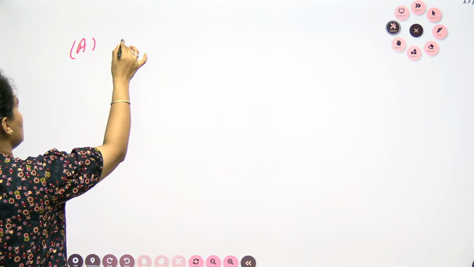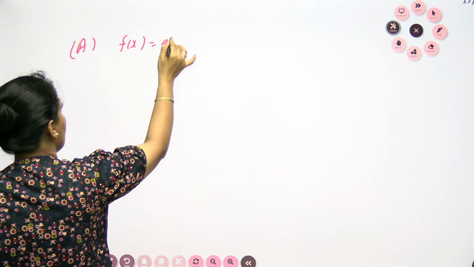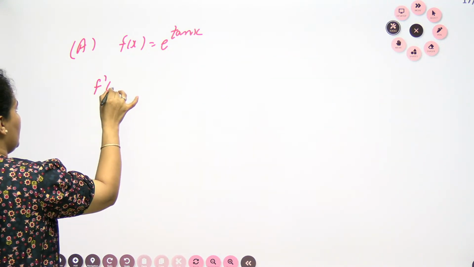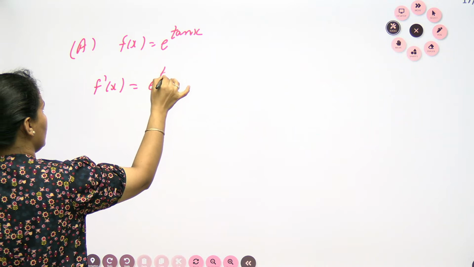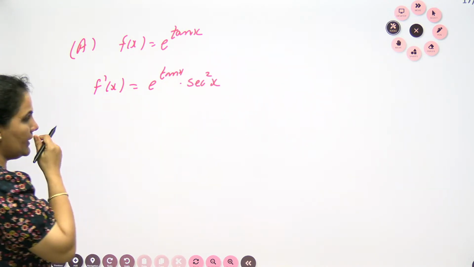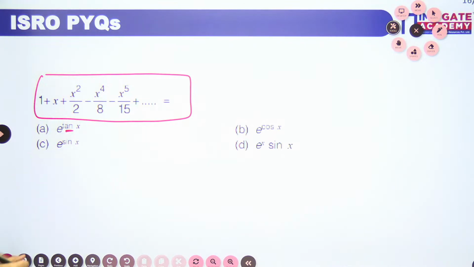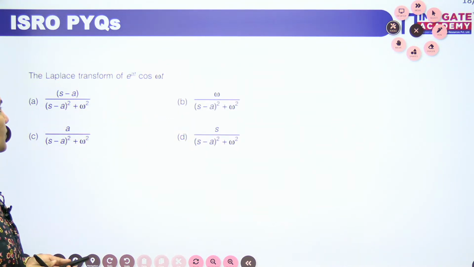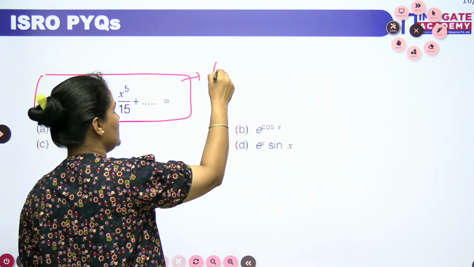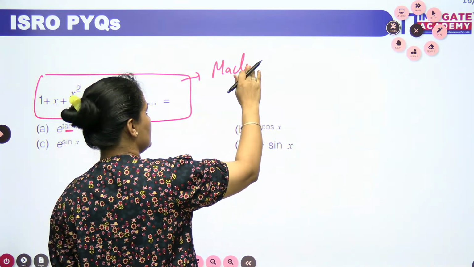Suppose my function is e to the power 10x, I need to find out f dash x. So it will be e to the power 10x and sec square x. I don't think it will give me the result as 1, because here I need to use the Maclaurin series or the Taylor series at x equals 0.